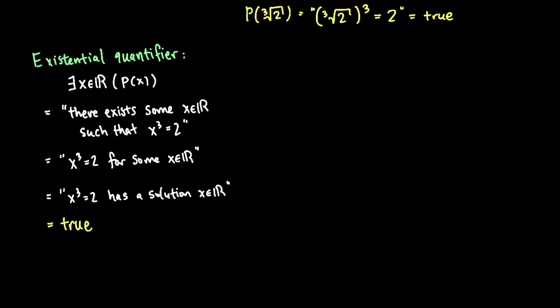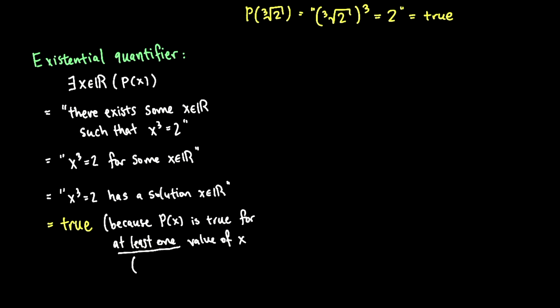So this statement is true because p of x is true for at least one value of x. Namely, x as the cube root of 2.